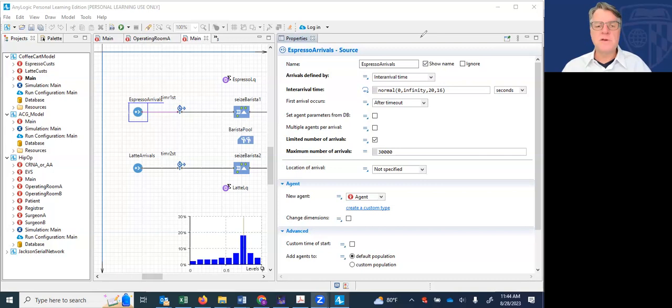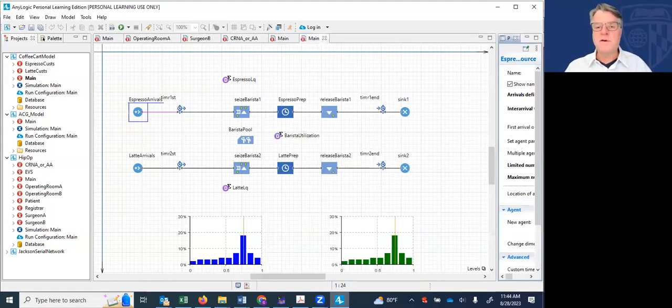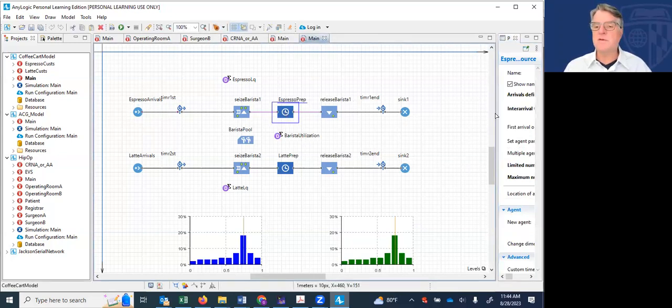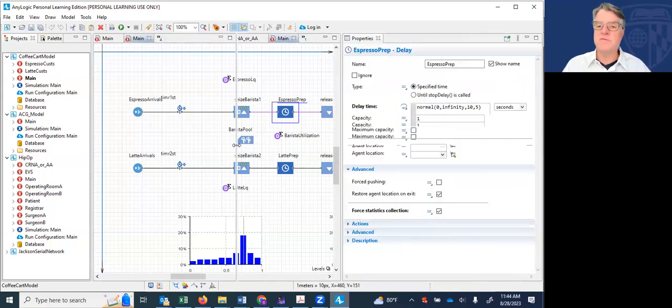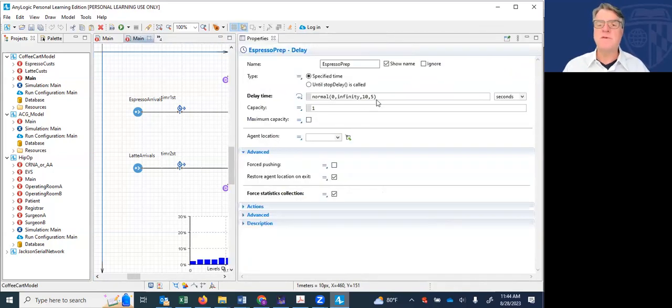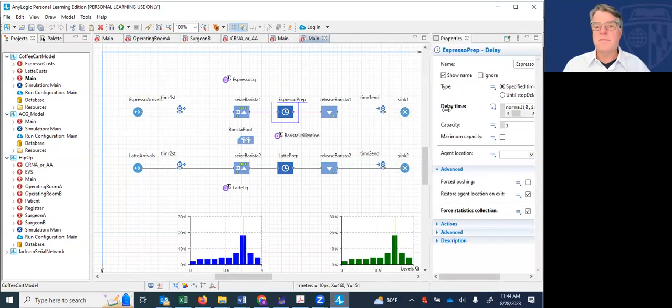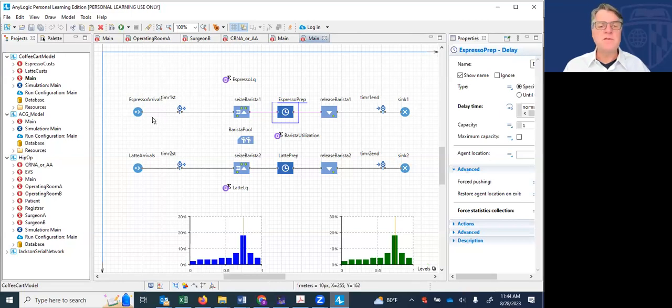Let's have a look at the rest of the logic here. On the service time distribution, where the services occur, we've got exactly the same, but with a different parameterization, 10 and 5. We're going to walk through the logic. Folks are generated.